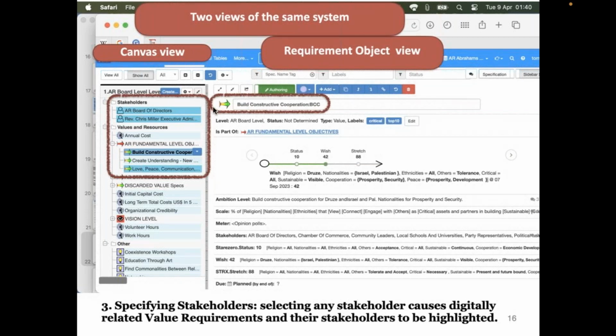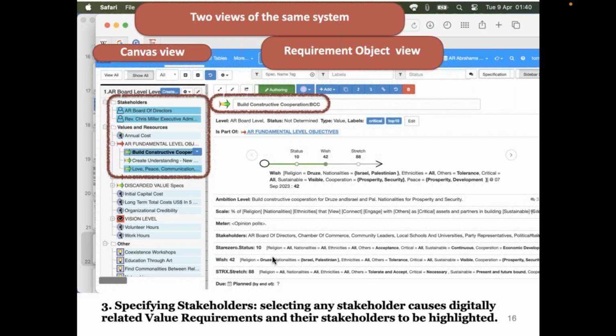And here's another view of the stakeholder, this build constructive cooperation value, and we can see it's in a hierarchical relationship to some fundamental objectives. And actually, by clicking on this overview of the whole system, the whole configuration, we get the detail.